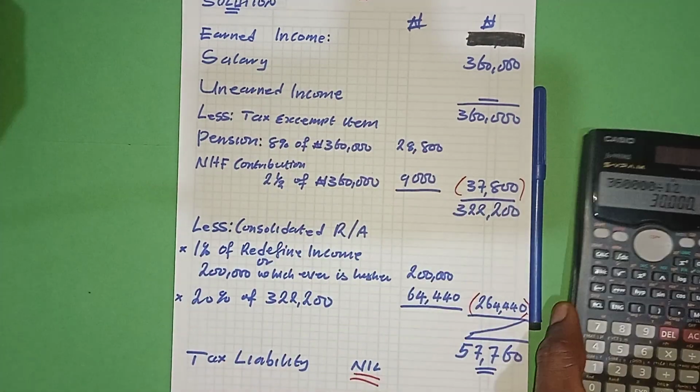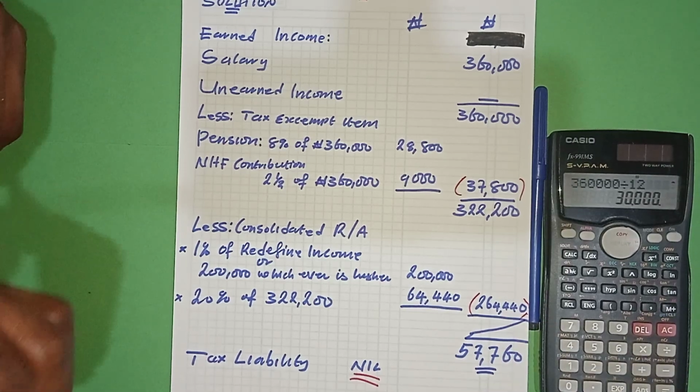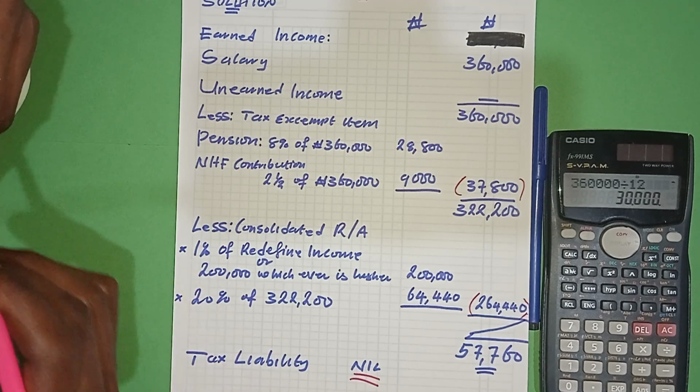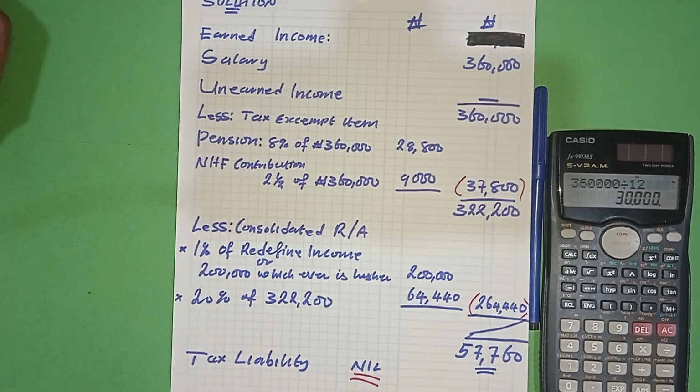And the Finance Act 2020 states that whoever is earning the minimum wage or below is not liable to pay tax. The person is not paying any tax. That is the Finance Act. So if you are earning 30,000 or below, and they are deducting your money for tax, it is wrong. Complain for them to stop it. So the tax liability is nil. Are you getting that?